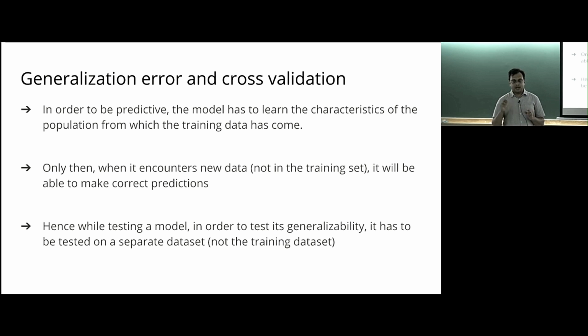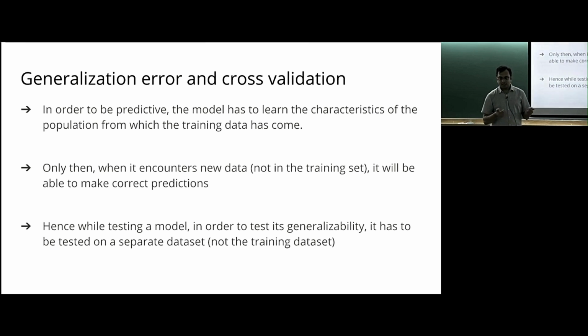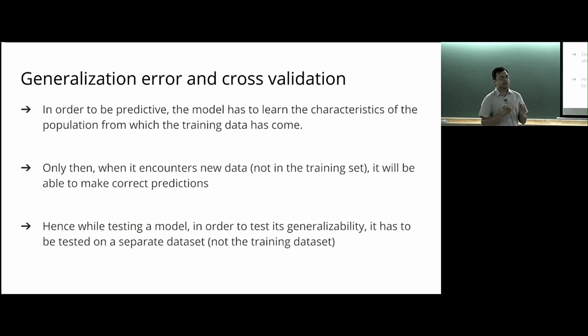Now, the same set of customer group or people are going to generate new data in the future. And if you want to identify fraud in credit card transactions, the model that you trained on the data that you collected should work in the future. Otherwise, it's a useless thing, right? So how do you make sure that the model that you trained on the data set that you collected actually works in the future?